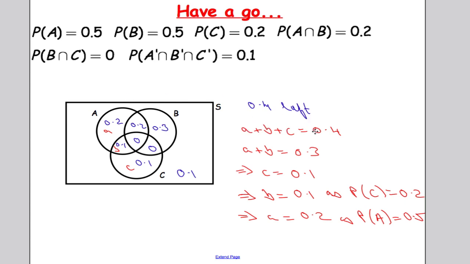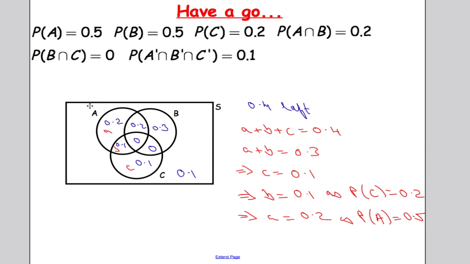So a plus b plus c is 0.4. a plus b must be 0.3. That means that c equals 0.1. Now that I know c, I can work out b and a as before.